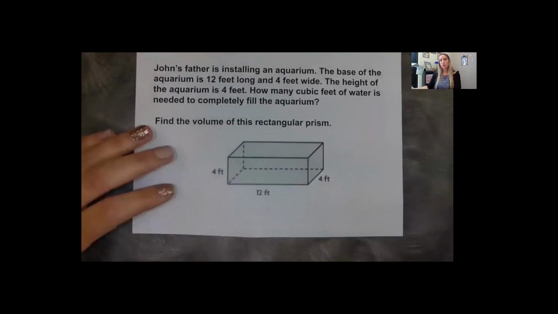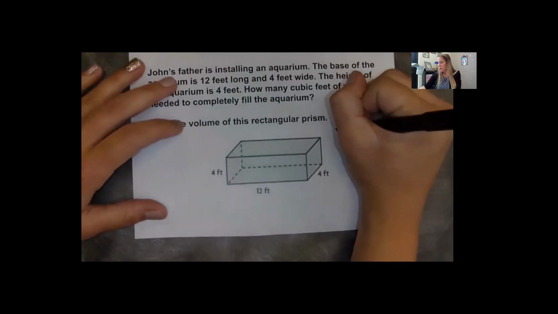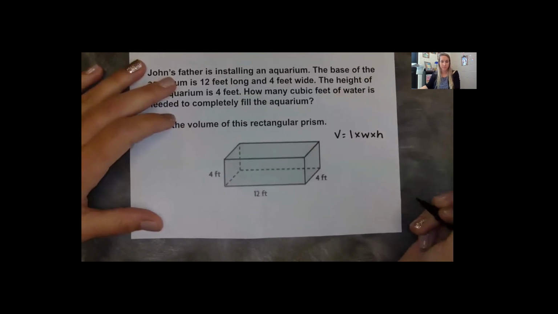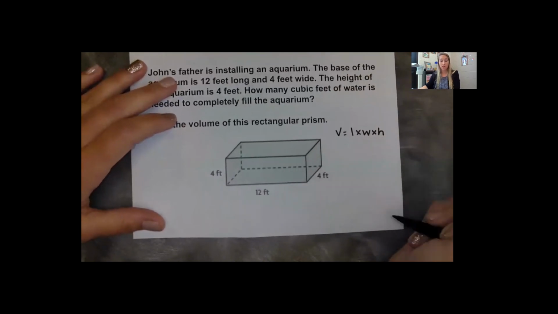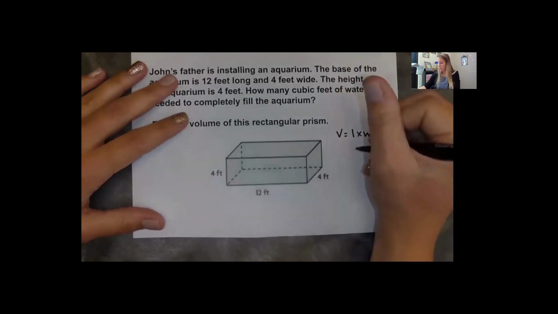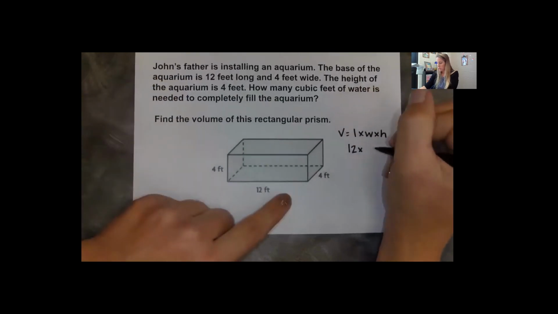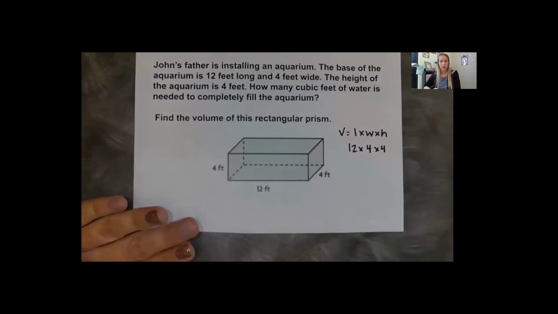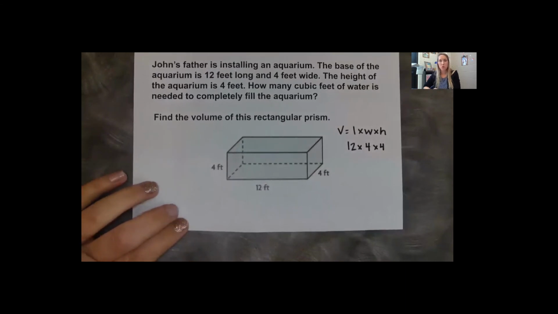Great. Did you use the formula volume equals length times width times height? Good. Then your equation should have looked like this: 12 times 4 times 4. What is the product of 12 times 4 times 4?